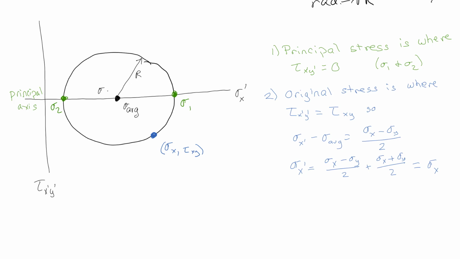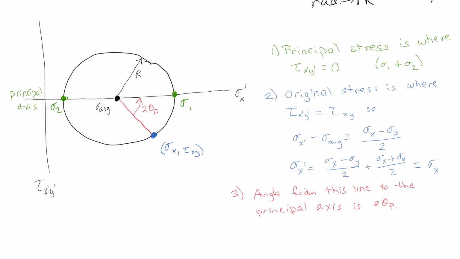So let me move this label over here and draw this angle in right here. This coming up to here is going to be twice the principal angle. So that's how you can get that theta value from looking at the circle.